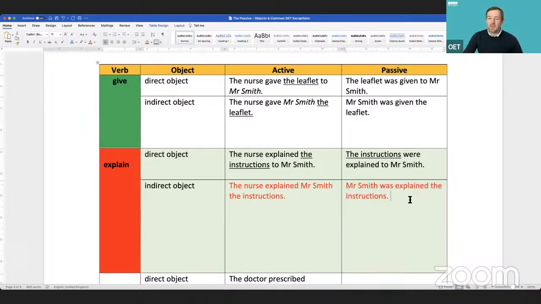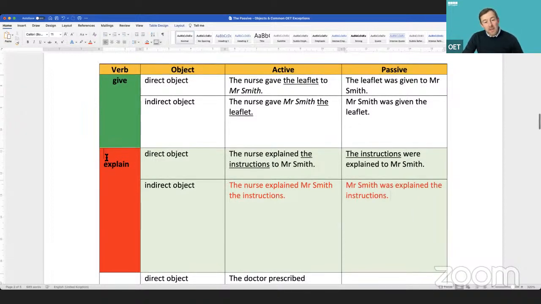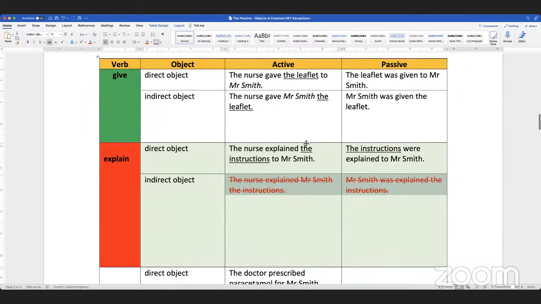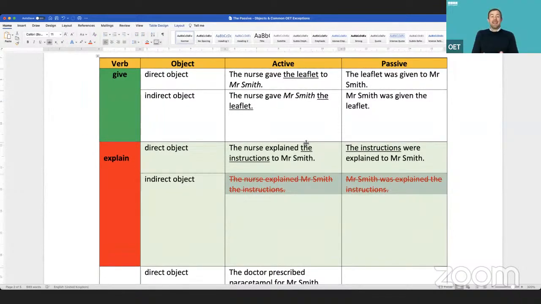We can't say Mr. Smith was explained the instructions, unfortunately. So that's why this one's red, because these two here you cannot do. Explain is not as flexible as the verb to give. Give is very flexible. You can use it with direct and indirect objects, but explain you cannot.